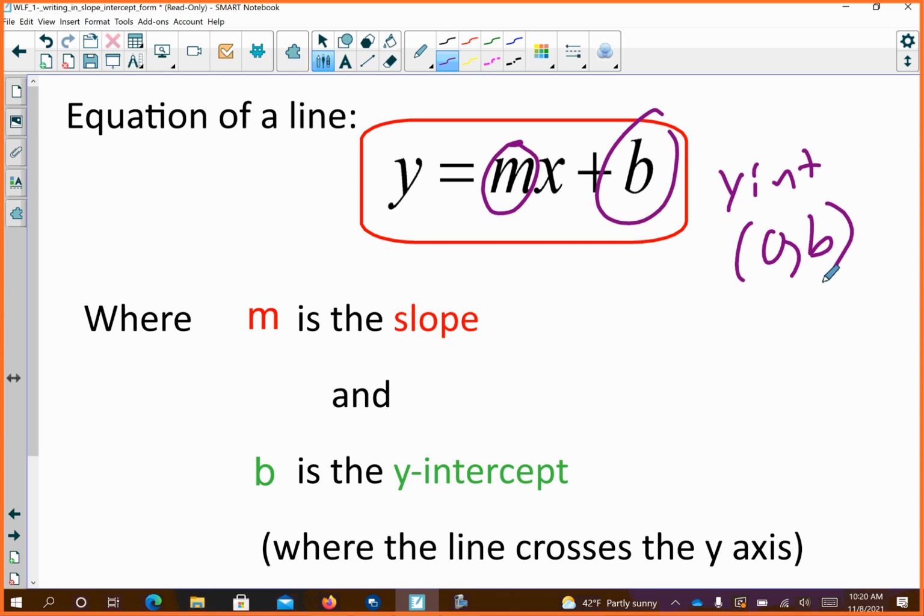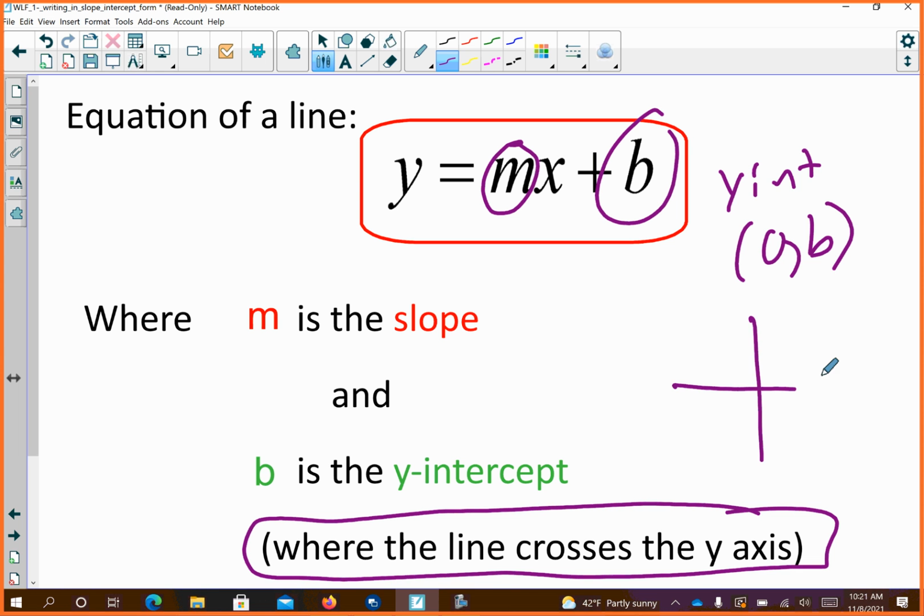So remember, the slope is a map. You can use a map to find a second point once you've established one point. If you try and say, oh, I'm just going to start counting up and right from someplace, you don't know where to start counting up and right from. So where the line crosses the y-axis is kind of vital. So b crosses someplace here, and can be anywhere on that line.